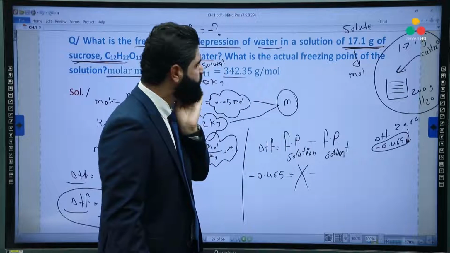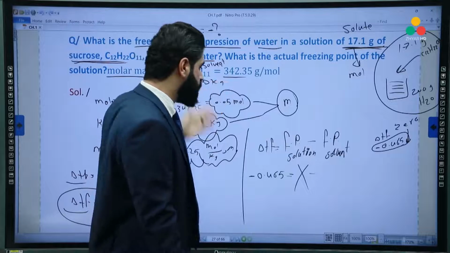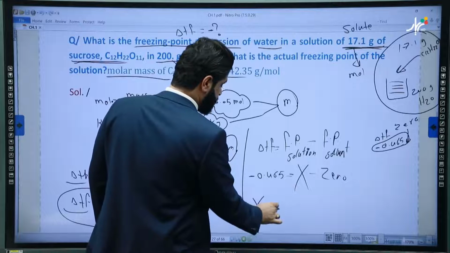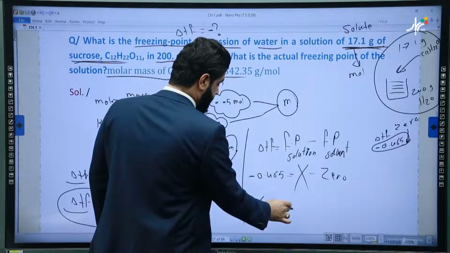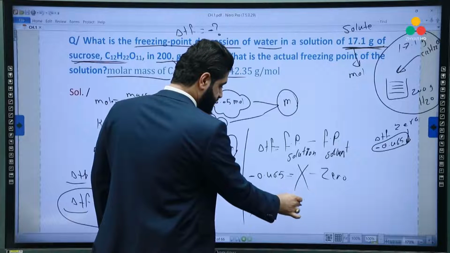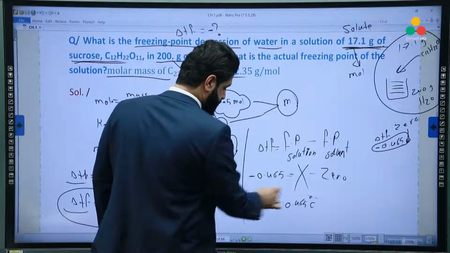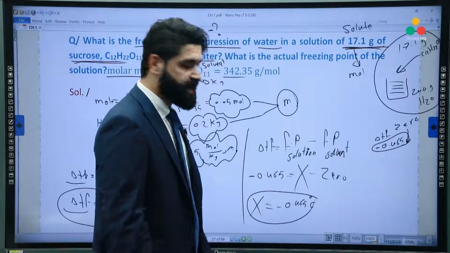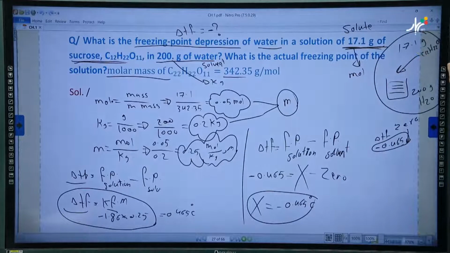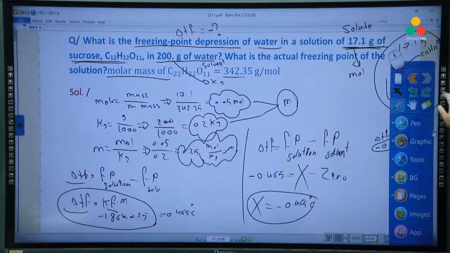Oh, it's another unknown we don't have. But look, the solvent is water, so it's 0. Now X equals negative 0.465 Celsius degrees. So water freezes at this number. Okay, if we dissolve 17.1 grams of sucrose, now you can see how the freezing point is lowered if we add something into a pure solvent. Another question.